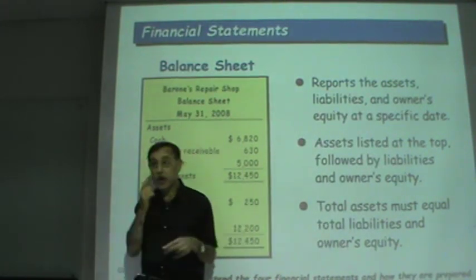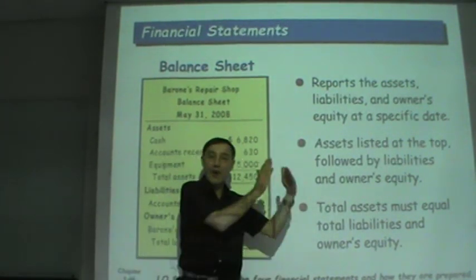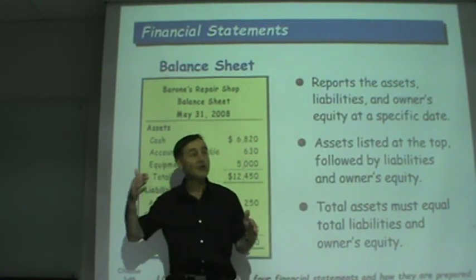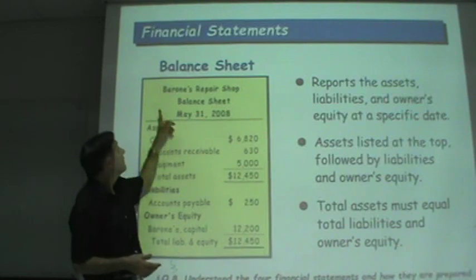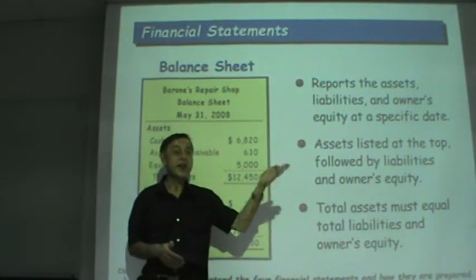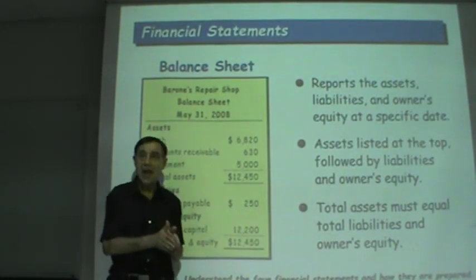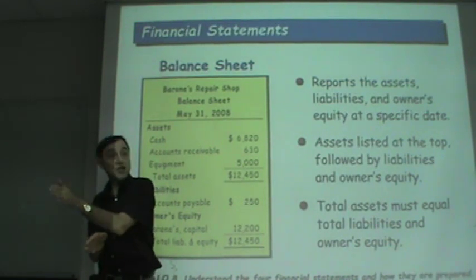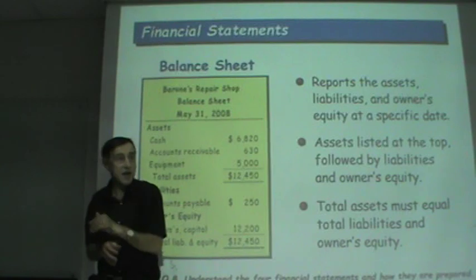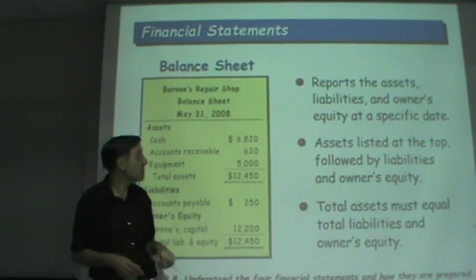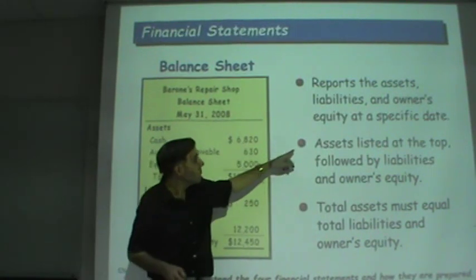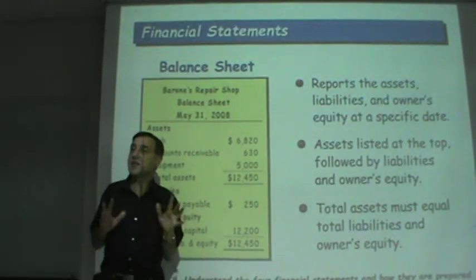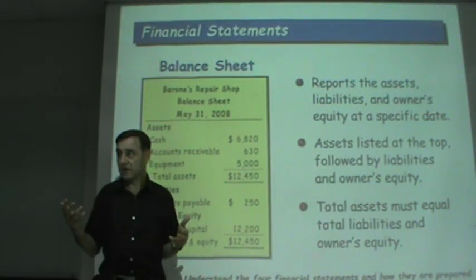So, income statement could be for 1 day, for 1 week, for 1 month, for 3 months, for 6 months, while balance sheet is only end of today, end of this week, end of this month, end of this quarter, end of this year. So balance sheet, 1 point. And finally, assets are listed at the top. That's the American convention.